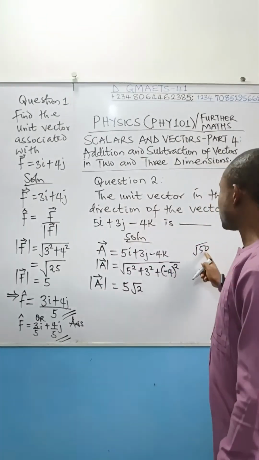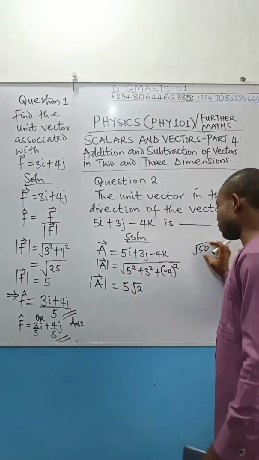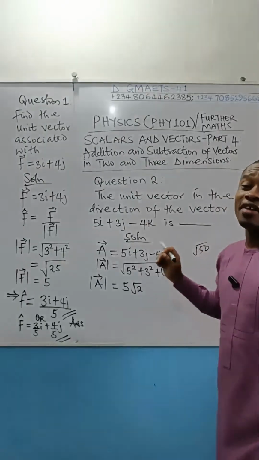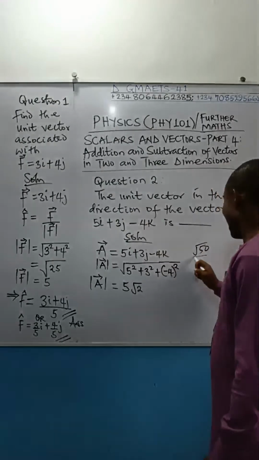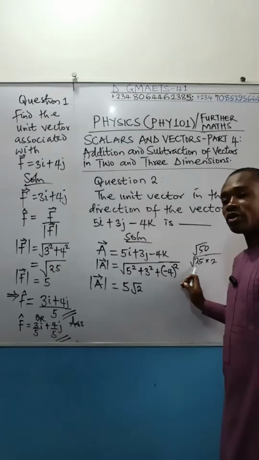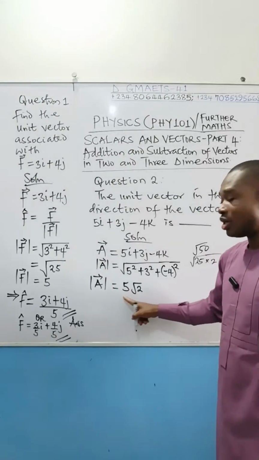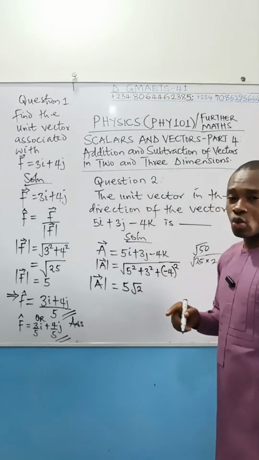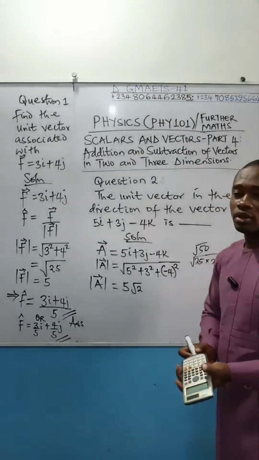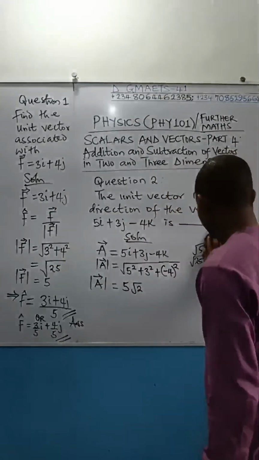So 50 is the same as 25 times 2. So you have the square root of 50, the same as square root of 25 times 2. And if I have square root of 25 times 2, find square root of 25. 25 is a perfect square. So it's going to produce this 5 for you. 2 is not a perfect square. So the square root will still be affecting it. That is how we got this anyway.